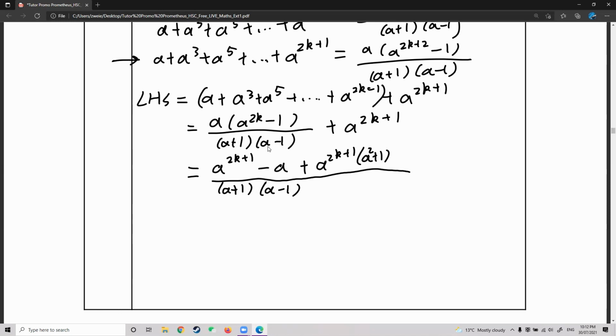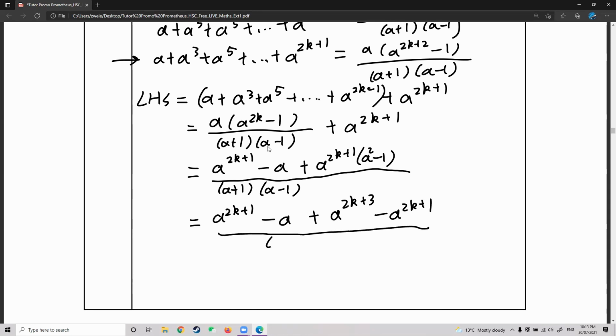We'll do a quick little trick over here: a squared minus 1 straight away. Expanding, I'll get a_{2k+1} minus a plus a_{2k+3} minus a_{2k+1} over a plus 1, a minus 1.